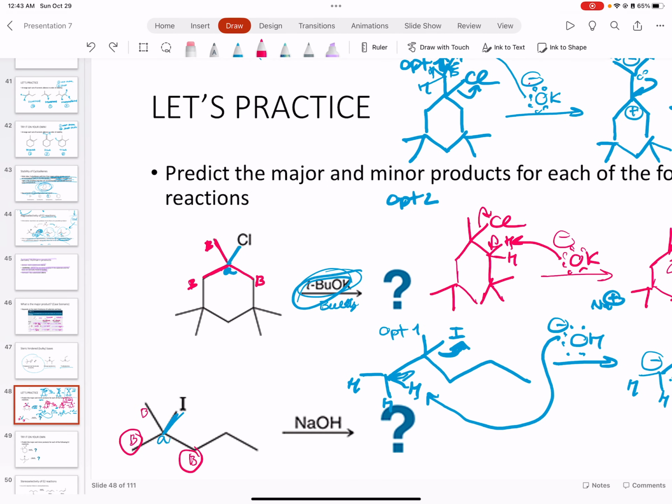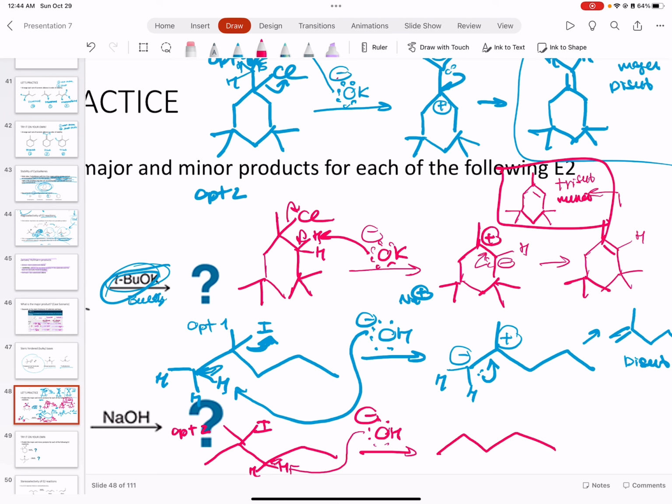Okay, so then I can draw my option 2 now. This one, this one, this one, this one. We have a leaving group. We have a positive in here. We have a negative in here.